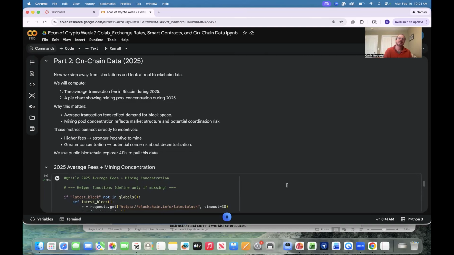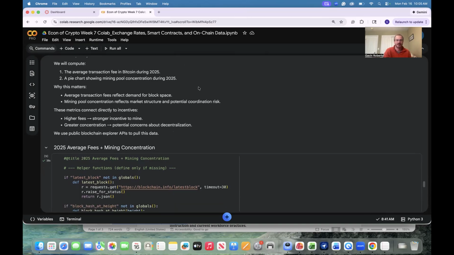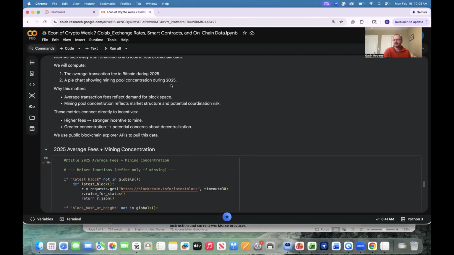So one thing he talks about is transaction fees and market concentration. So we're going to compute the average transaction fee on Bitcoin during 2025. And actually, I decided to deviate from that.